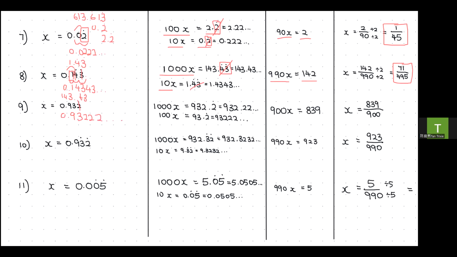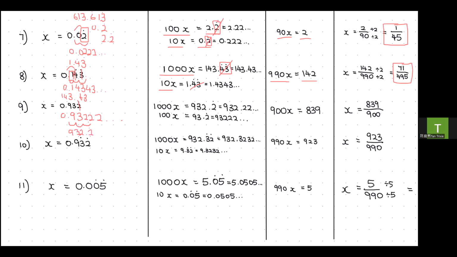So there are 3 decimal places. Times 1000 and move 3 steps, it will become 932.2 recurring decimal.